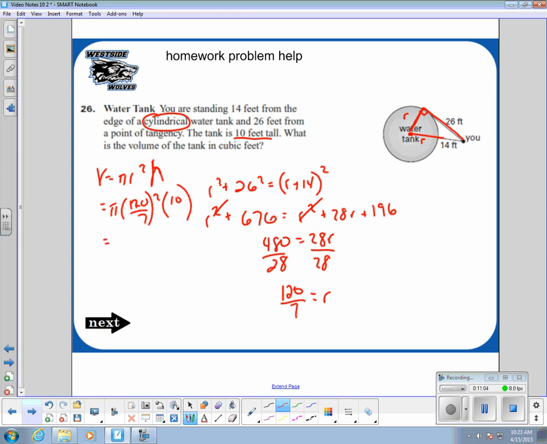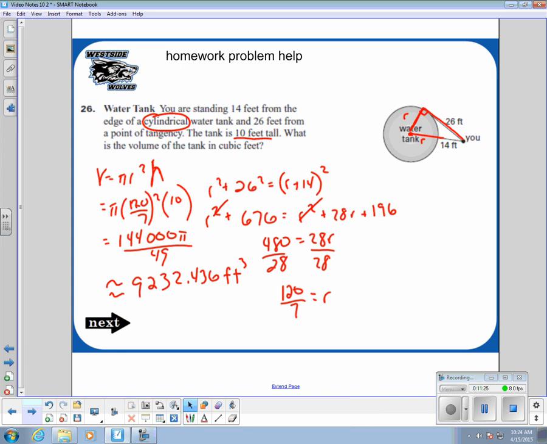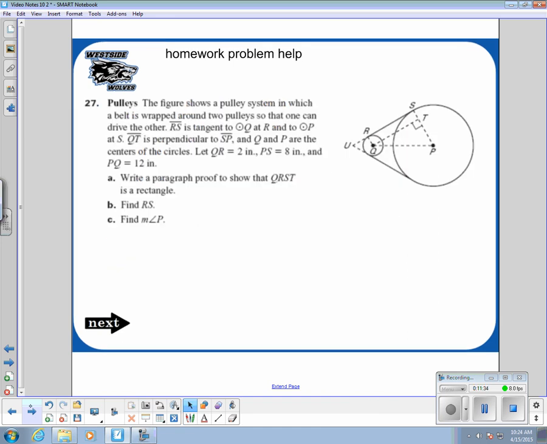When I put all that in there, I get 14,400 pi over 49, which is approximately 932.436 feet cubed. So you can go right here for your exact answer. This is our exact answer, and this is our approximate rounded answer, where we multiply out by pi.